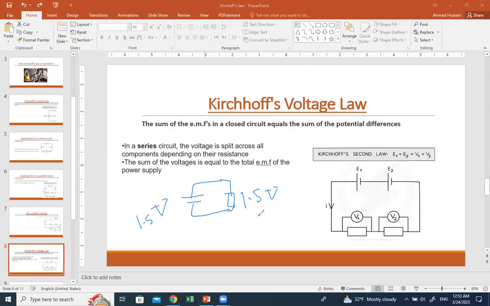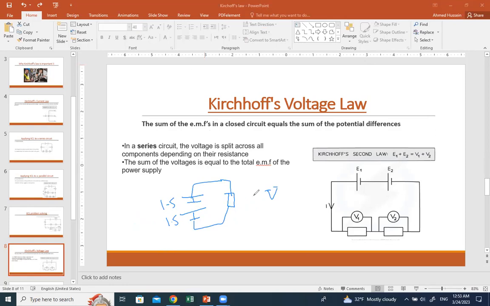Okay, what if we have multiple cells in one battery? How can we calculate this? This is really a tricky part examiners always use. If we have another battery pushing in the same direction, there will be no problem. We will just add, so here 1.5, here 1.5, and here we will have a voltage drop of 3 volts.